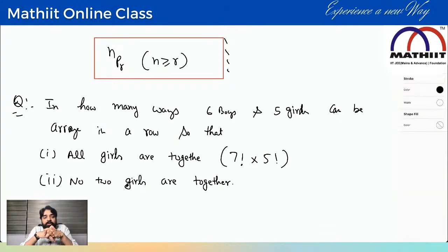No two girls are together. Very easy if you use a little bit of common sense.